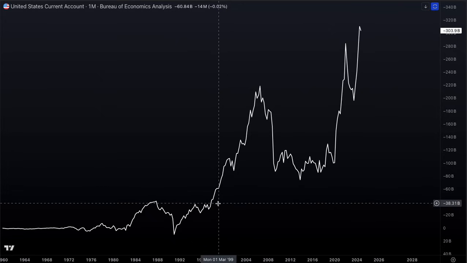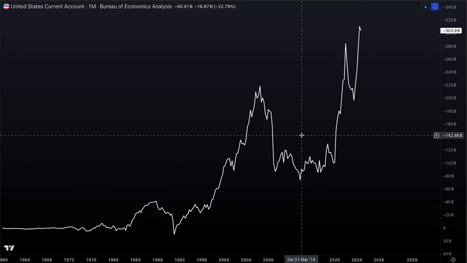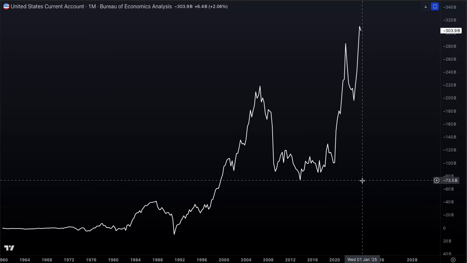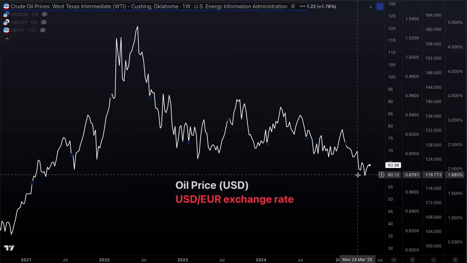Whether that's a U.S. Treasury bond, a short-term Treasury bill, or I would argue even real estate. Because if a foreigner wants to buy U.S. real estate, they have to buy a dollar first. They have to sell their local currency to buy a dollar to buy the real estate or to buy the stock. So this can illustrate the demand for dollars from the rest of the world.